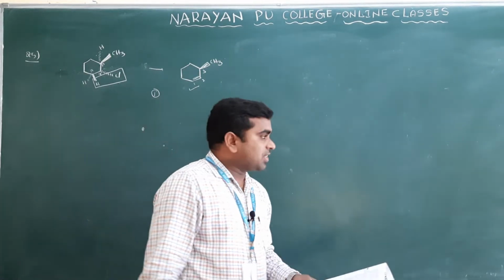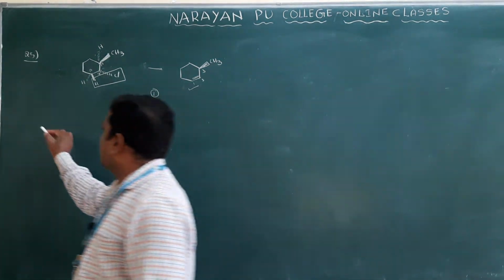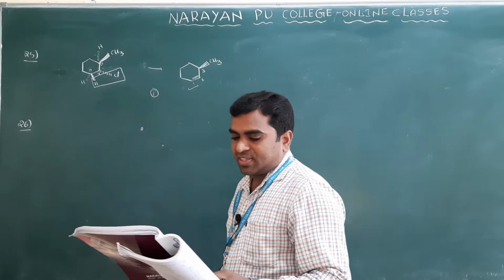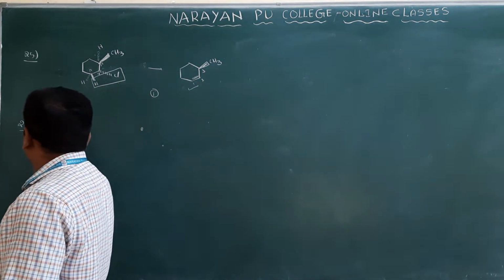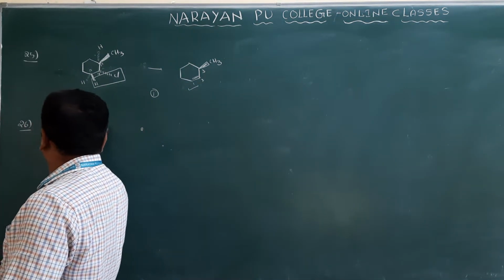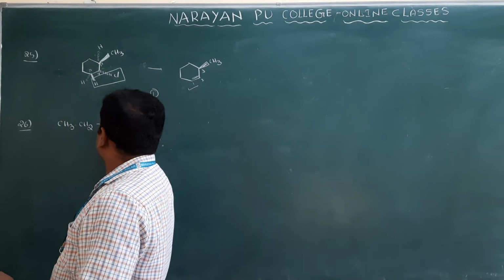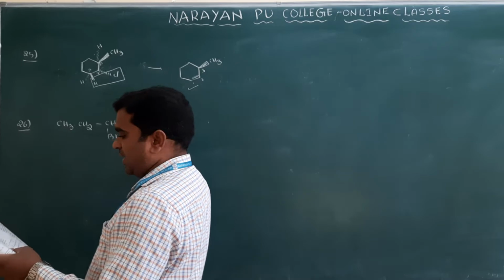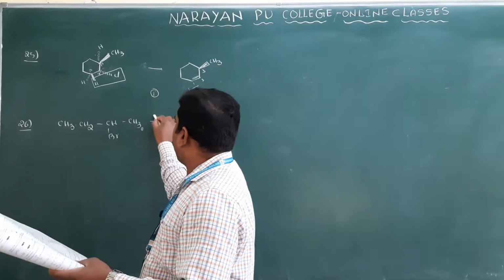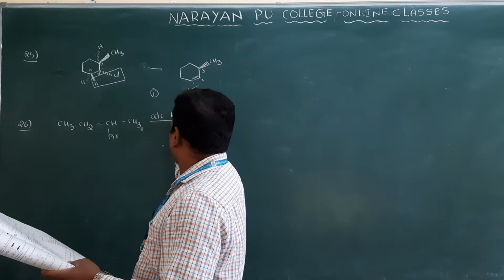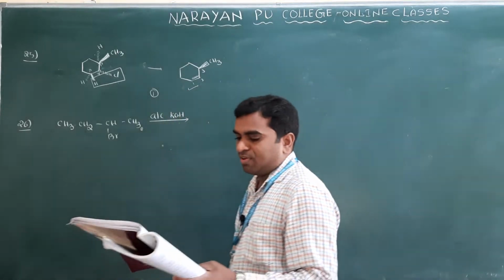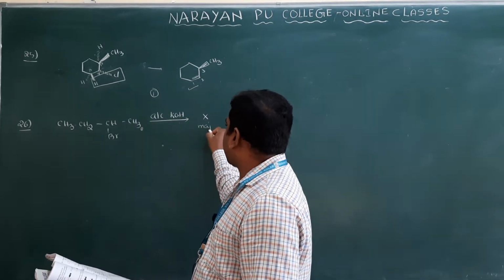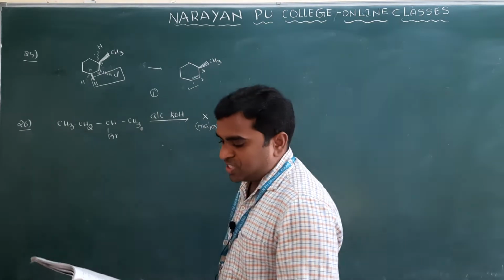Next, see question number 26. The question is CH3CH2CHBr and here a CH3. On the arrow they have given alcoholic KOH, and they are asking for X, the major product.